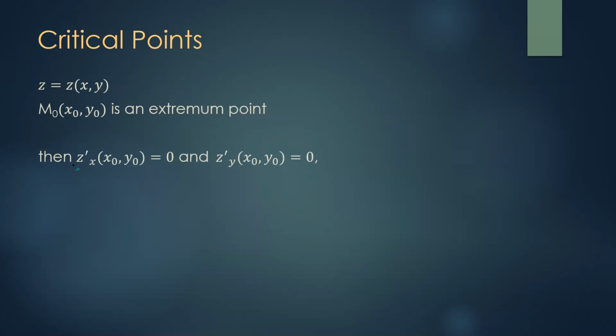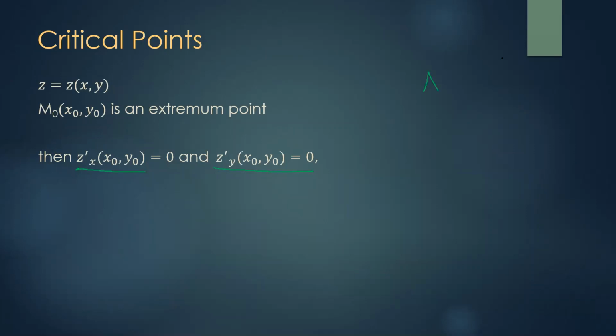And that's why we have this condition: both first order partial derivatives must be zero, or maybe they don't exist. If we have a spiky peak, like a mountain peak, a spike, then of course the derivatives would not exist at that point.